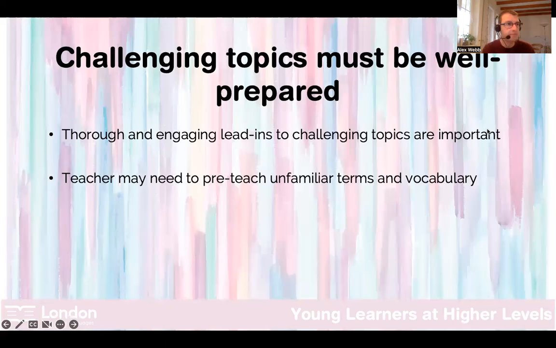Particularly as you get into C1 and C2, this is particularly important. At B2, you've still got the For Schools version, and so the terminology is kind of young person friendly. However, at C1, C2, there's going to be a lot of academic language in here, and so you may need to do some pre-teaching of unfamiliar language before you launch into activities.